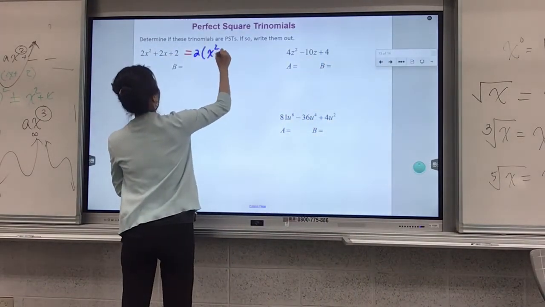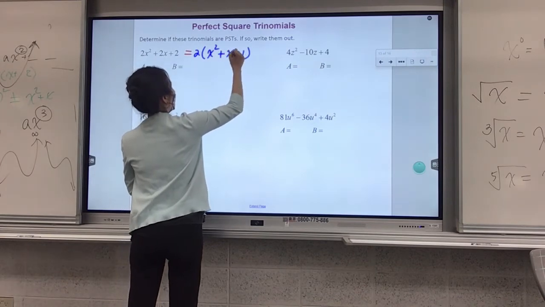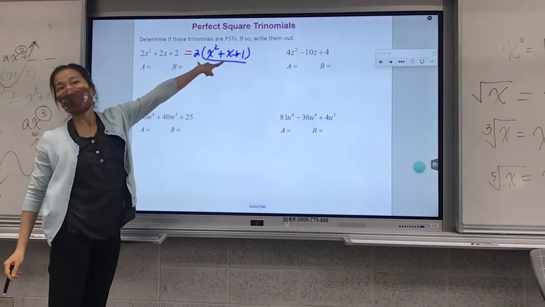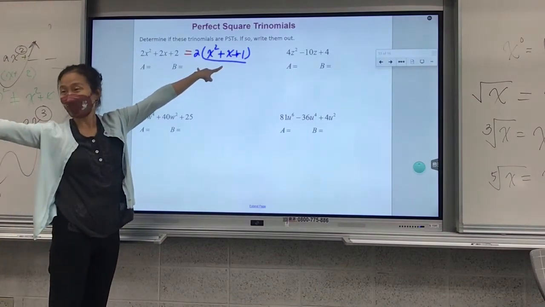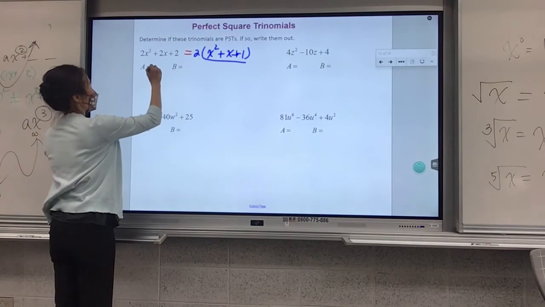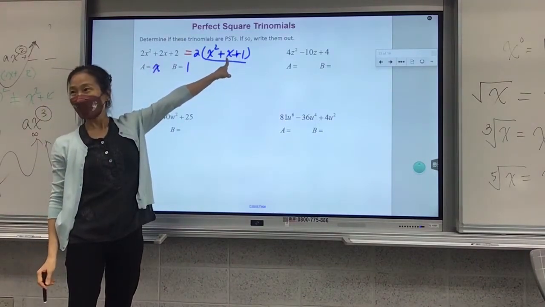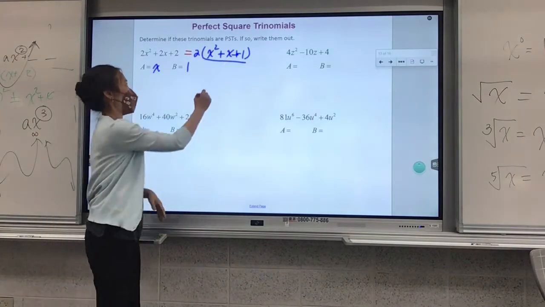X squared plus x plus 1. Look at that. Now, the first and last term are actually perfect squares, right? So this is a squared. A is x, b is 1. Check the middle term. Is that 2ab? No, so this is not.